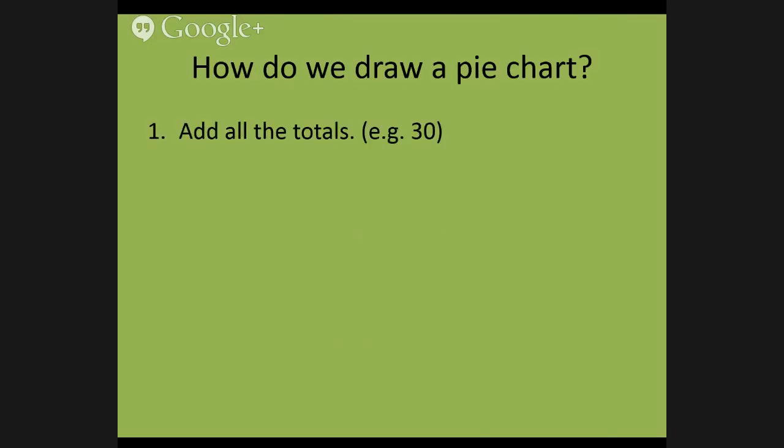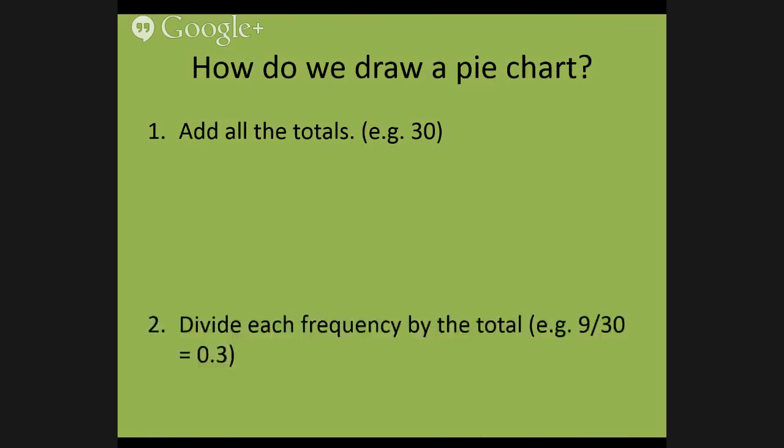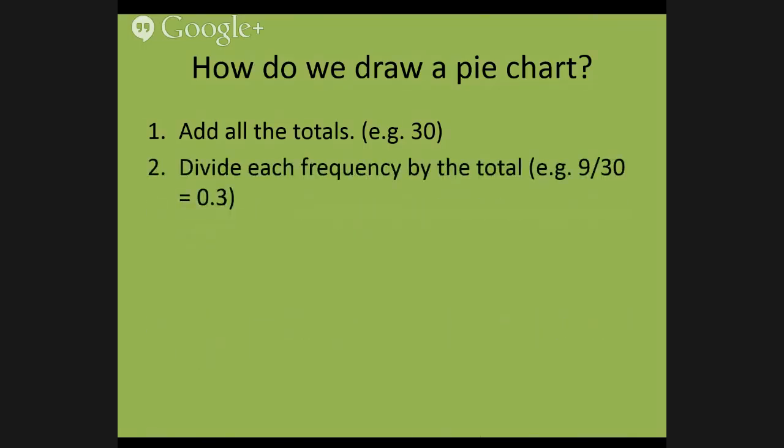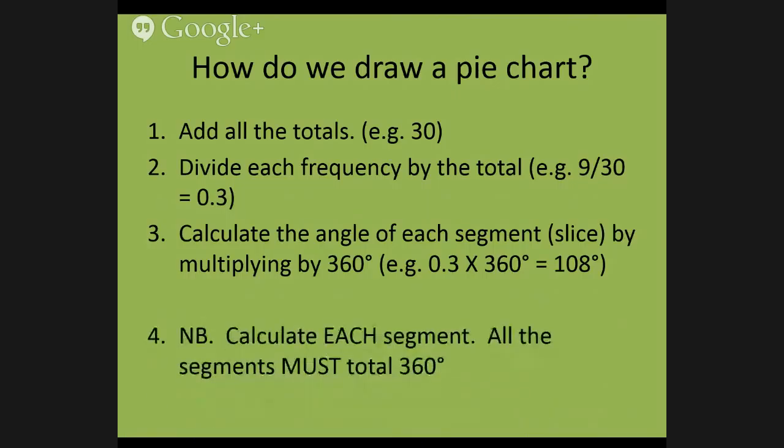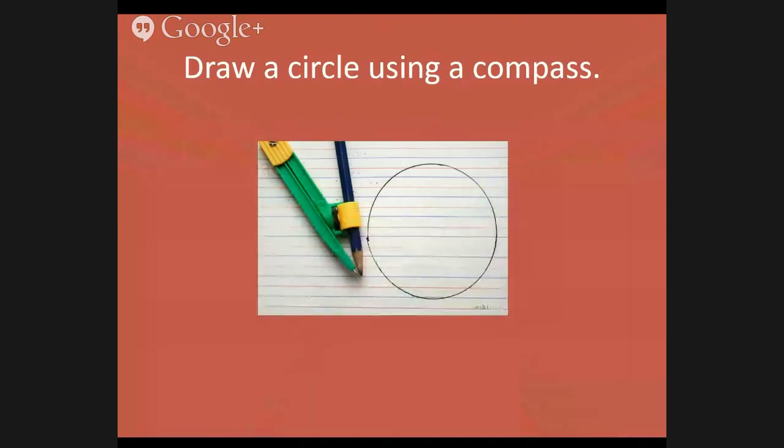Add all the totals in terms of your data. Divide the frequency for each total. So if the frequency is 9, you would divide that. Calculate the angle of each segment within your pie chart. And there's your formula. It's important to calculate each segment to get the total within your pie chart.